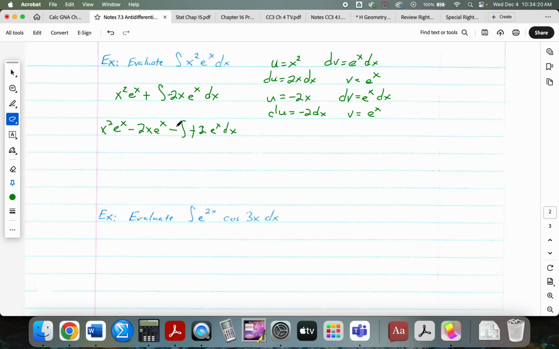Nice thing about that is those both cancel out so that it's positive. So I've got x squared e to the x minus 2x e to the x plus 2 e to the x.